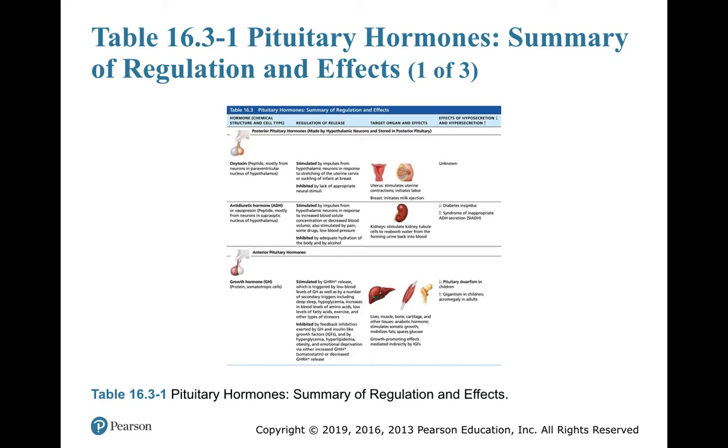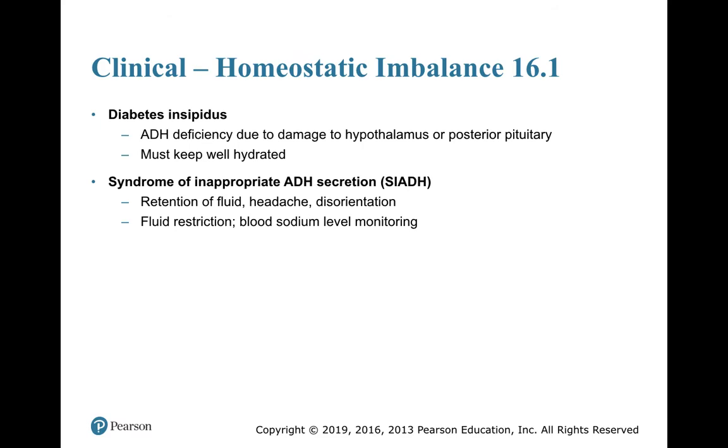It has to do with water intake. Or high secretion can lead to syndrome of inappropriate ADH secretion, SIADH. Again, that has to do with water balance. In the anterior, we have growth hormone, which we will look at, and it has a lot of targets.